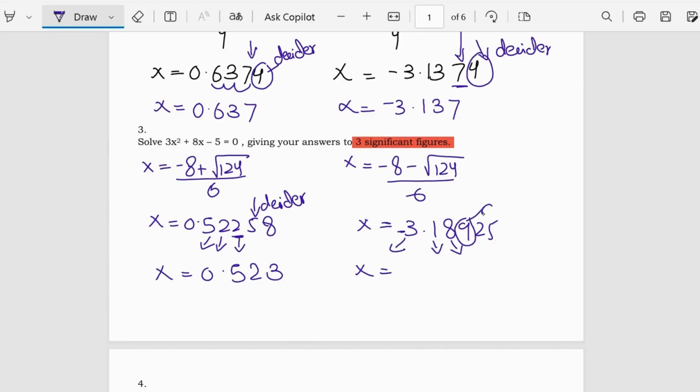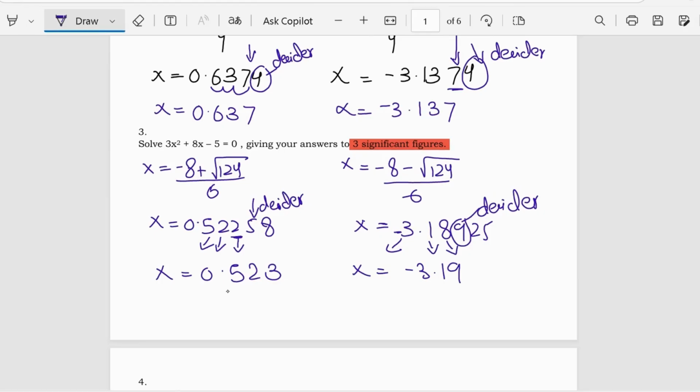And this 9 is going to be my decider. So I will write minus 3.1. I have to round the 8 depending upon the next value, that is 9. 9 is greater than 5, so that means I have to round 8 up to the next digit, that is 9. So x equals 0.523 and -3.19 are going to be my two answers.